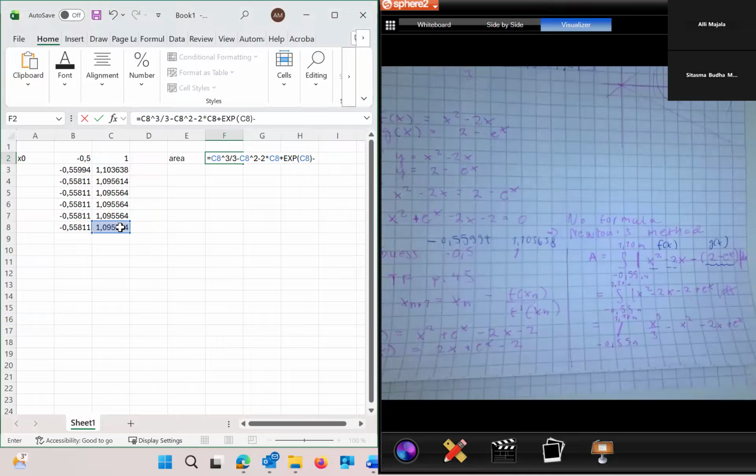From this I have to subtract the same function with the starting point. This was the starting point. I could maybe somehow copy it. How to do this an easier way.